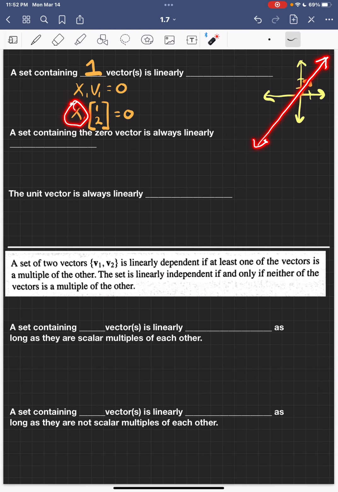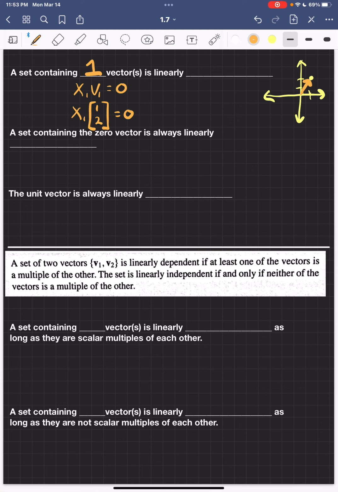Remember, every point on this line is just you choosing a different scalar. Of all of those points, do you agree with me that there is only one way to get it to equal 0? And that's if you choose 0 for your scalar. The only time this line crosses 0 is when you choose a scalar of 0. In other words, it's the trivial solution.